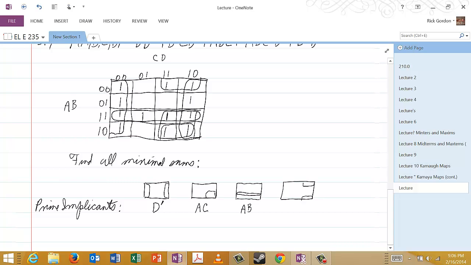B is equal to 0 on both of these rows, and so B prime will be part of the name. What about C? Well, C is equal to 1 in the next to last column and in the last column, so we have C. But D is changing in those 2 columns, therefore D does not appear in the name. So the name of the prime implicant consisting of these 2 cells and these 2 cells is B prime C.